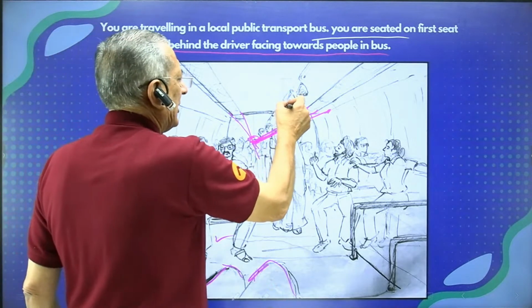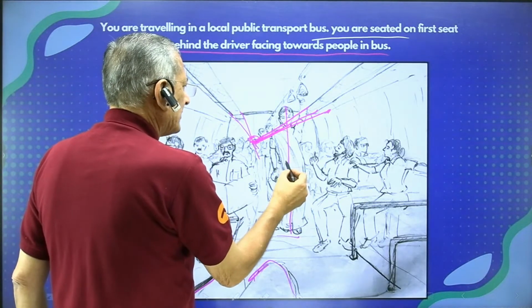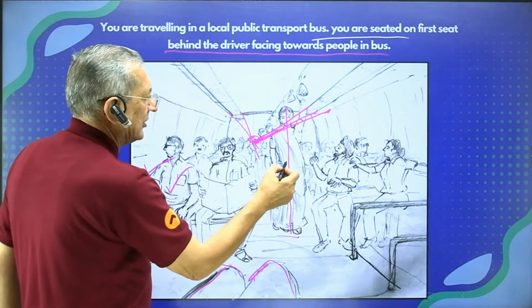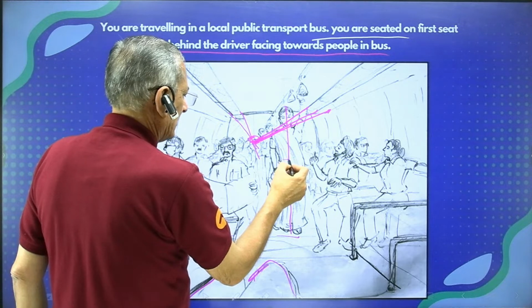Likewise, even a female grown-up figure is 7.5 heads seen from the front. So you divide the figure into 8 heads. This is the middle.